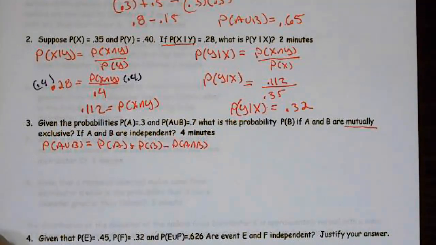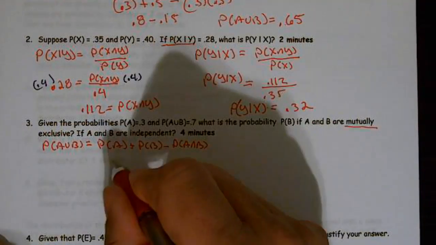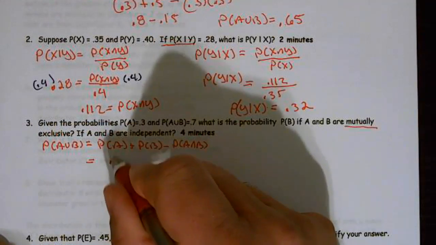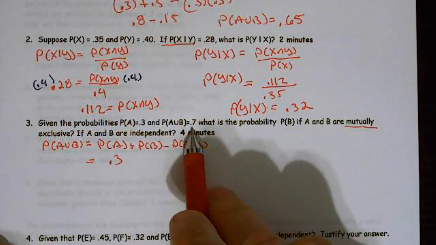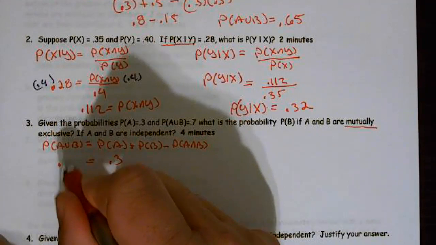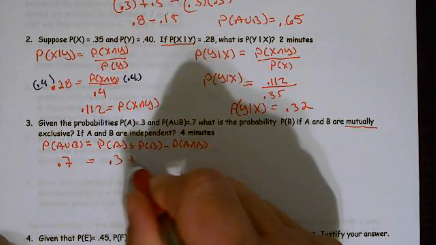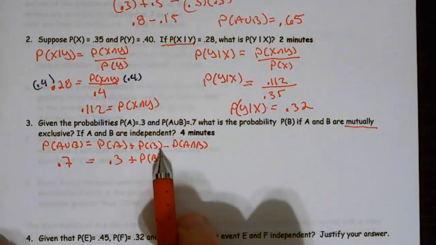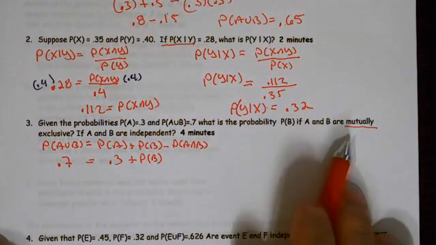Well, let's do the mutually exclusive first, which happens to be the easier one. And we know what A is. We don't know what B is, but we know A union B is 0.7. So plus the probability of B minus, now they didn't tell us the intersection, but they told us it was mutually exclusive.